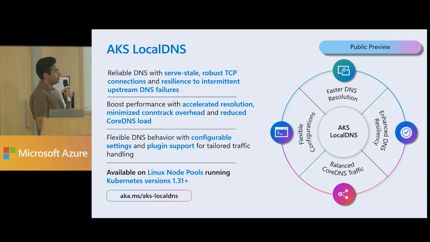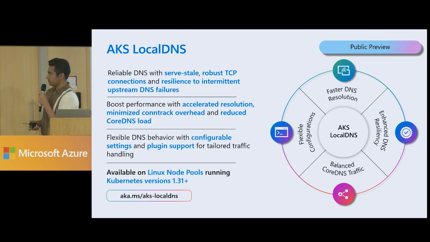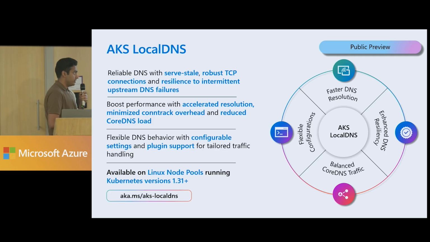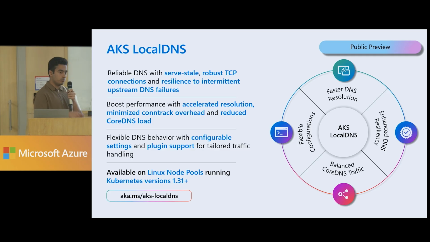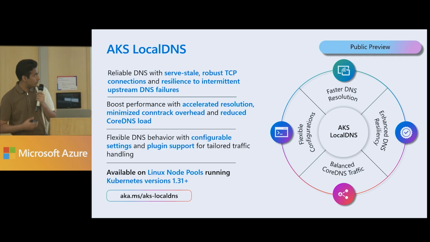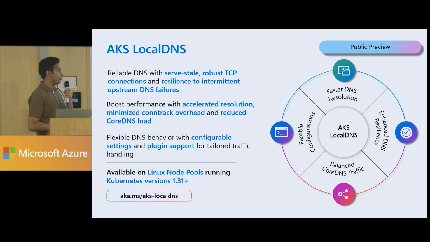And even the connection between the local DNS and CoreDNS has been upgraded to TCP to give you better reliability for your DNS queries. The local DNS service also includes a serve stale feature, which allows you to store responses locally and for the pods to continue receiving responses even if the upstream DNS servers have intermittent outages. We now support this on all Linux node pools running Kubernetes versions 1.31 or higher, and you can read more at that link below.